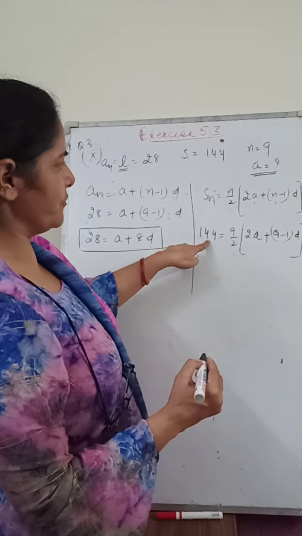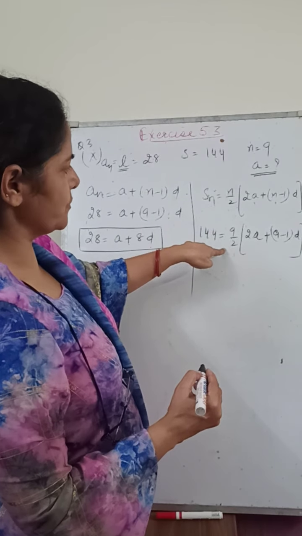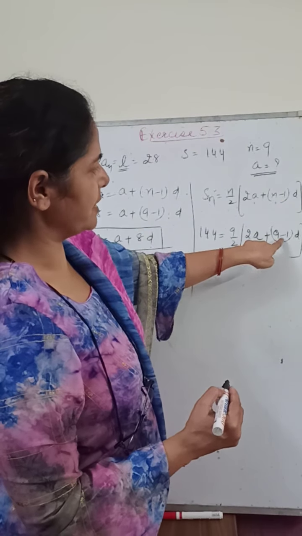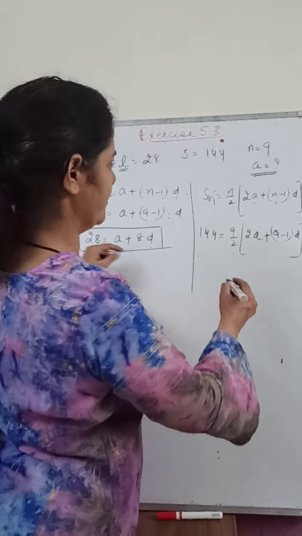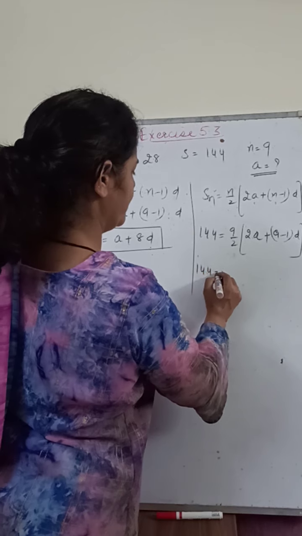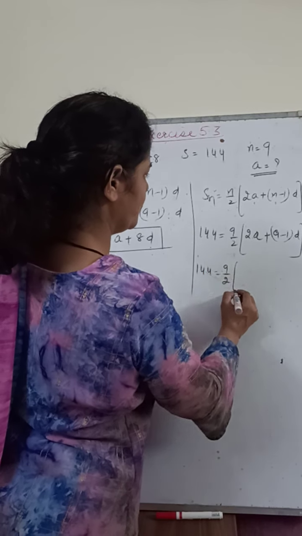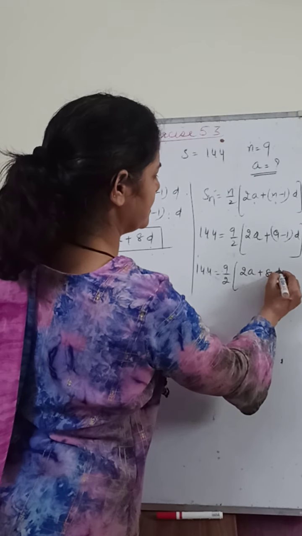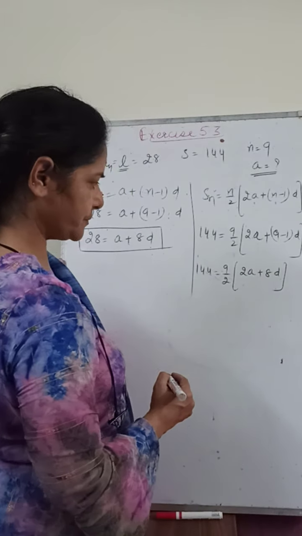Sum is 144, N is 9. So 144 equals 9 by 2 into 2a plus 9 minus 1, 8d.